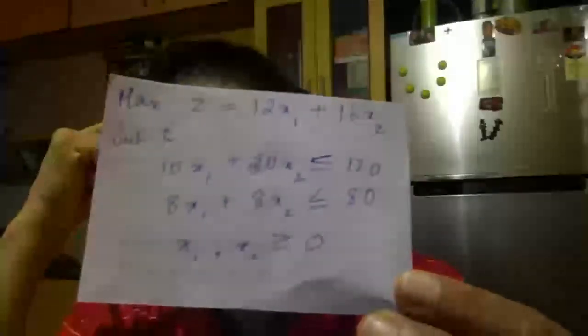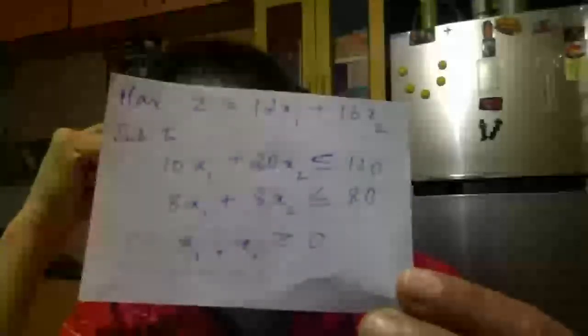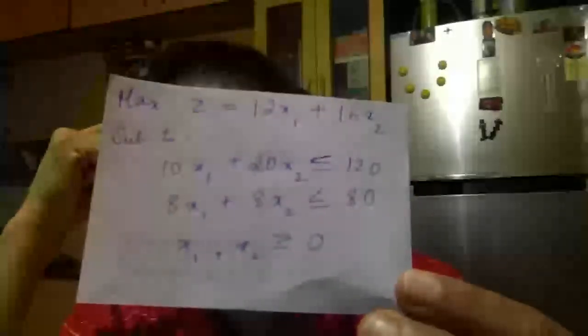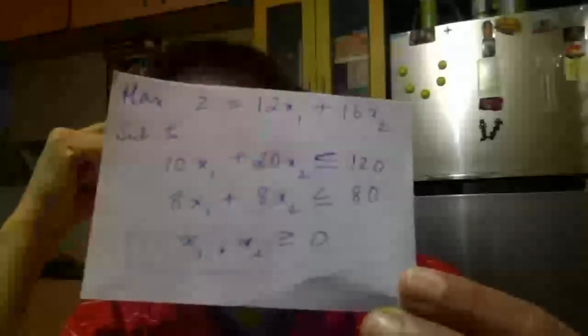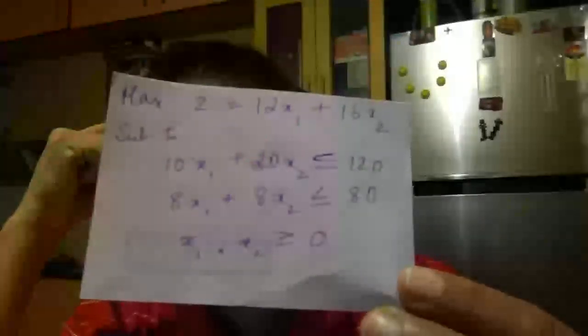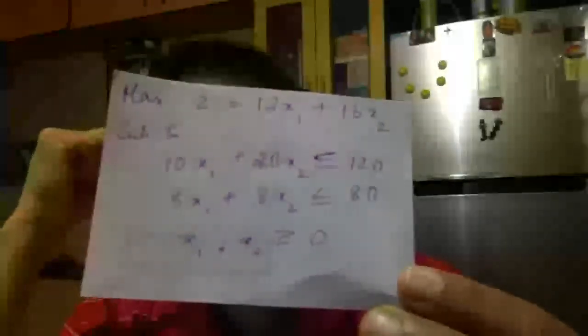We'll just denote it as B. x1, x2 we will call B, and 12 and 16 are the coefficients of the basic variables. We will call them C. See, I'm explaining in terms which MBA students can understand. This is the first thing you remember.